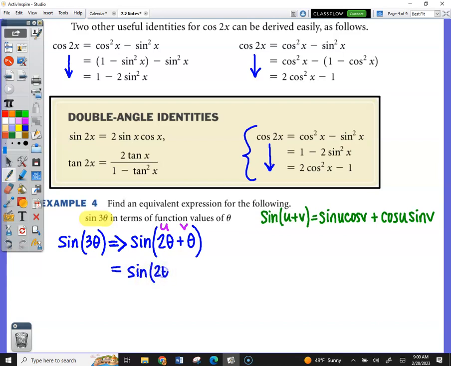And if you need to put the 2 theta in parentheses to draw your attention to the fact that it's a double angle, then I would suggest doing that so that you remember that that's a formula there. All right, and then we've got cosine V, which is theta.